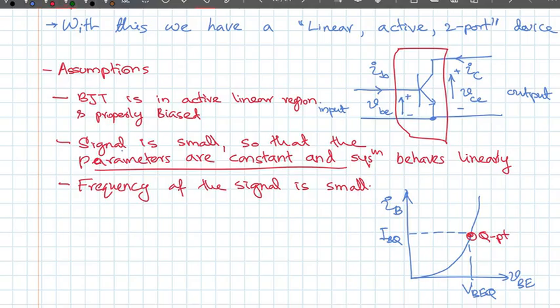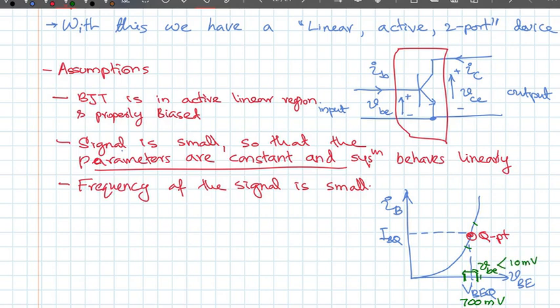If this is 0.7 volts, that is 700 millivolts, my variation was small, within 10 millivolts. So only a very small variation. This was the VBE, less than 10 millivolts.